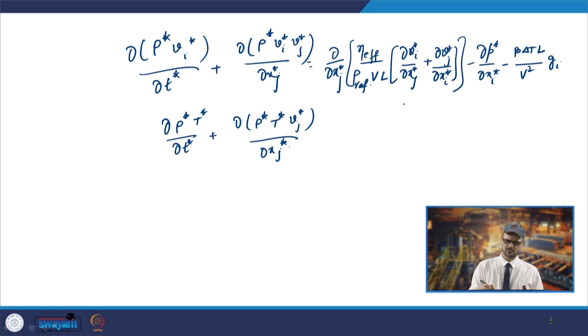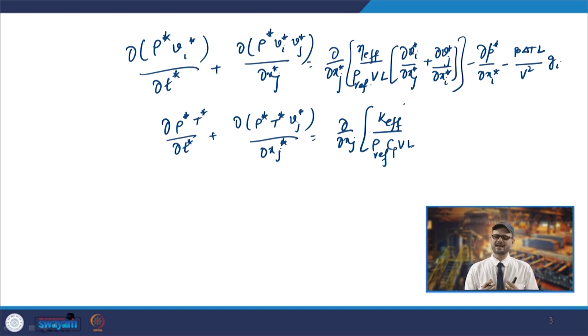So, that will be equal to dou by dou x j, and this time the term that will be coming is k effective by rho reference C p and V and L. So, that will be coming because of this non-dimensionalizing of the equation, and then you will have dou T star upon dou x j star.